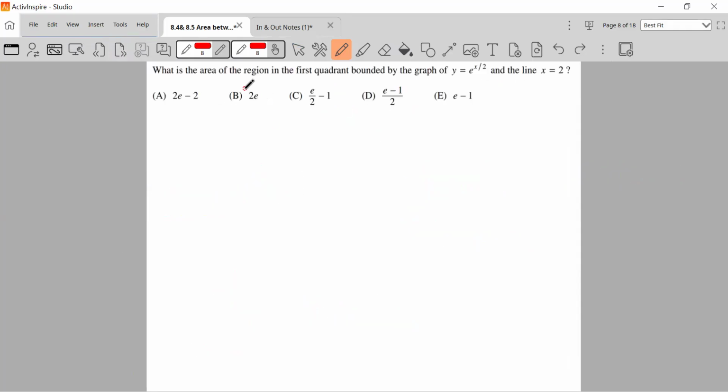Here, find the area in the first quadrant bounded by y equals e to the x over 2 and x equals 2. So this is still technically an area between the curves because you're bounded in the first quadrant. So what this means is you kind of have the second line of y equals 0.